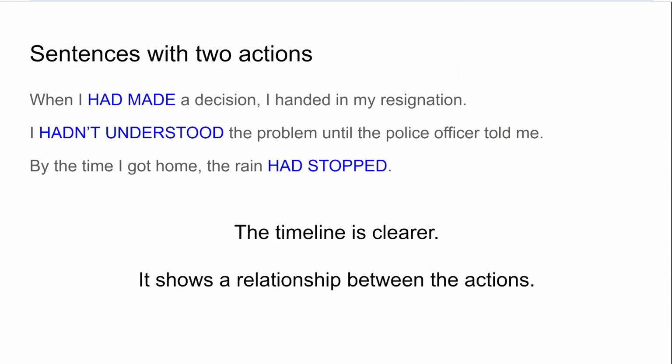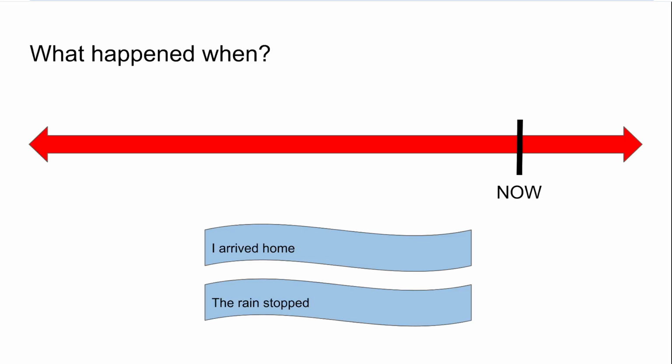So how can we use past perfect? Well, let's think about the two actions. We have I arrived home and the rain stopped. So the first thing we need to do is decide what happened first. So this is our timeline, and we can see we have now.